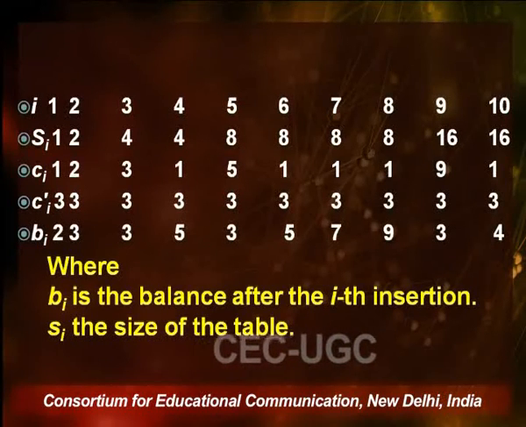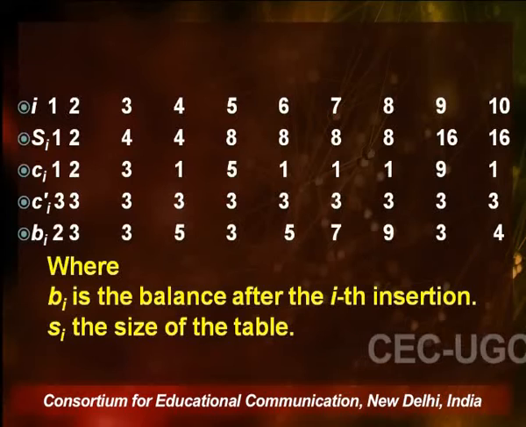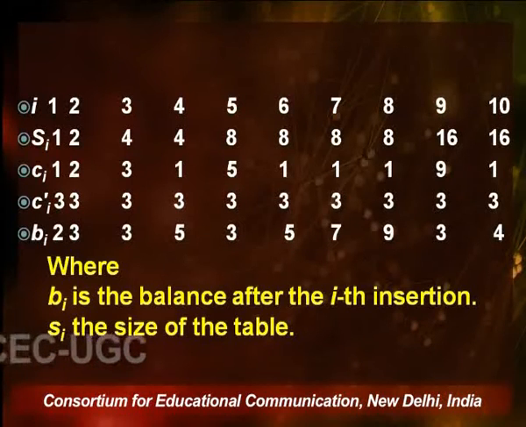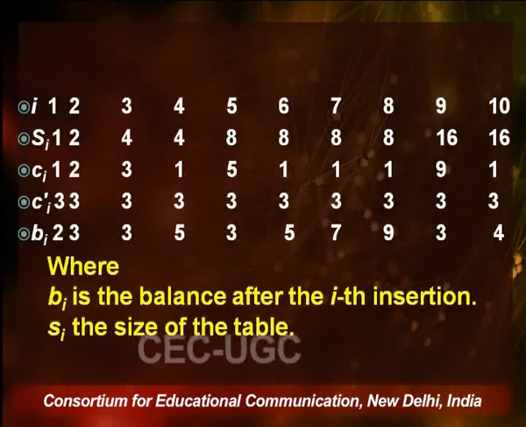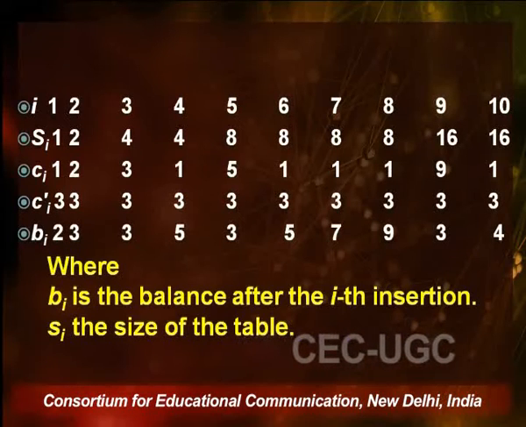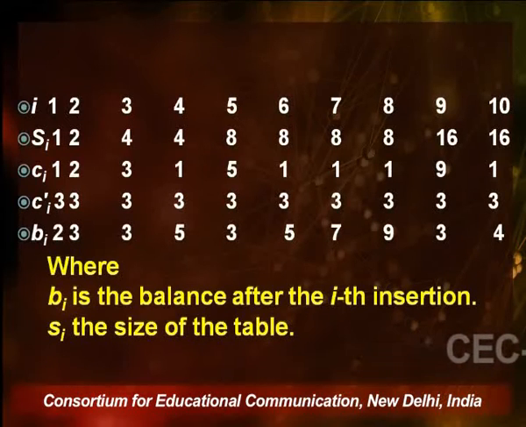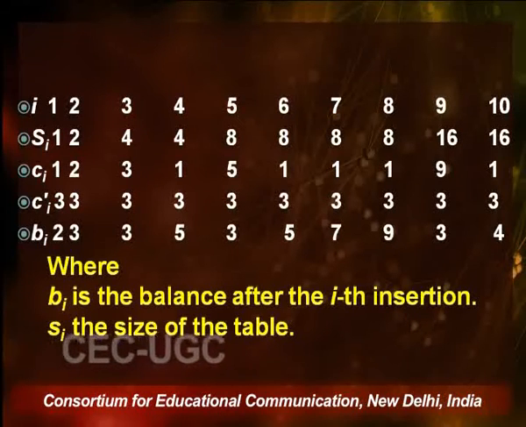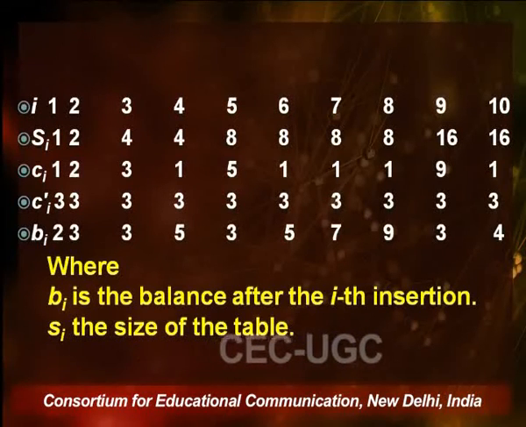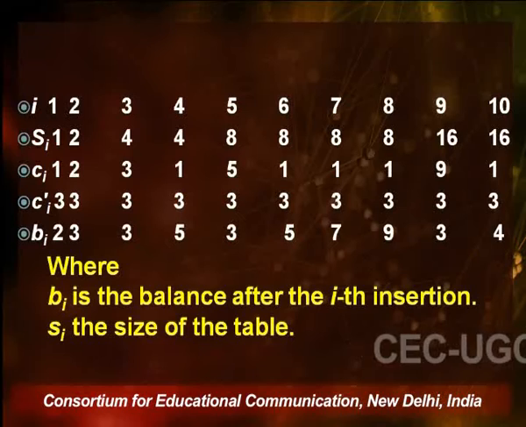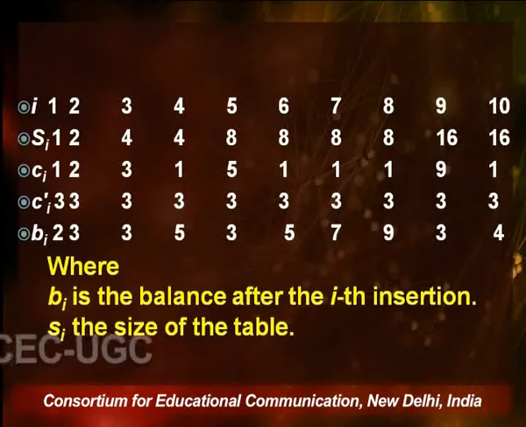Now, coming to BI, the very important thing, which is the balance after the ith insertion. Here, after the first insertion we have charged 3, but the actual cost was 1, so we have a balance of 2. At the second step, we have again charged 3 and the 2 was the balance. So, total credit becomes 5.